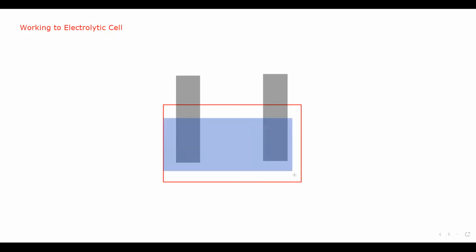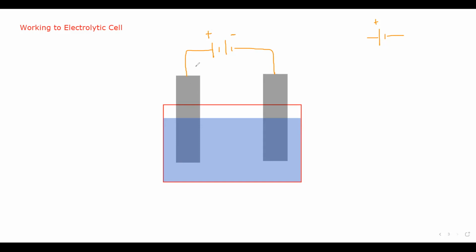The beaker contains a liquid, molten or aqueous, and it is connected with the battery. For a battery, the longer line represents the positive terminal and the smaller line represents the negative terminal. So which side is the positive terminal, left or right? The left side is the positive terminal and the right-hand side is the negative terminal.